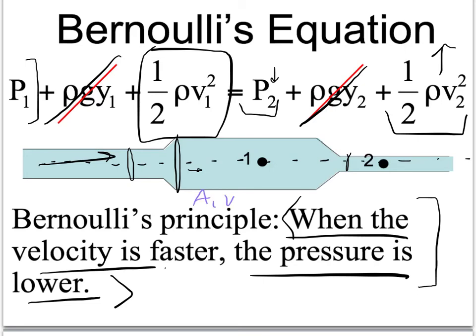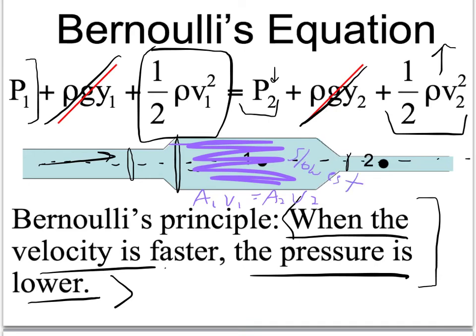Remember, A1 V1 equals A2 V2. So this part here has the biggest cross-sectional area, meaning the fluid would be the slowest through here. That means the pressure would be the biggest, because when velocity is fast, pressure is low. So when velocity is slow, pressure is big. So right here, we would have a big pressure.